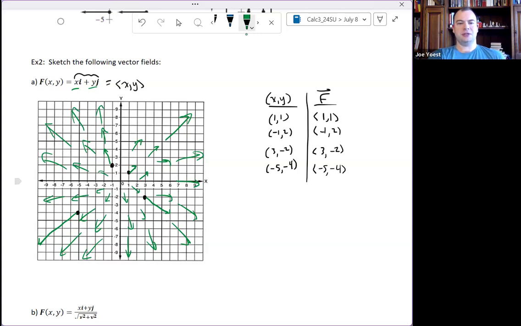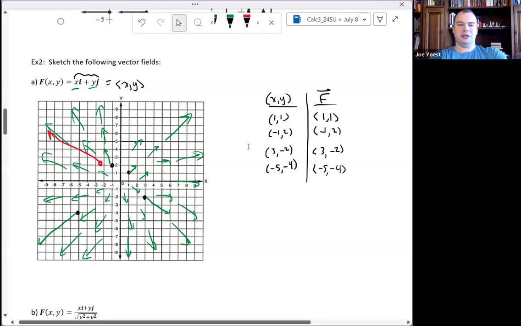So something like this, right? Not a very pretty sketch, not perfect, but it gets us the idea that, if I take a ping pong ball and stick it here, it's going to go directly away from the origin, and it's going to actually speed up as it gets further away from the origin.